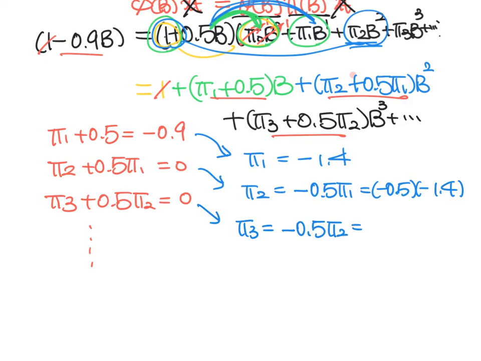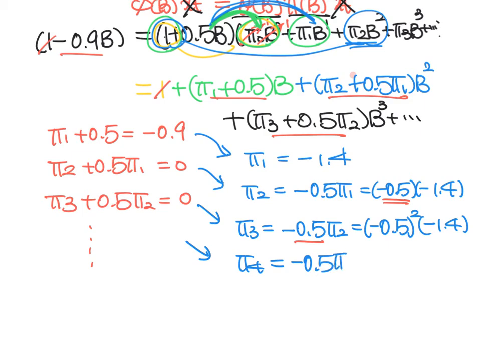Then I have a negative 0.5 and a negative 0.5 again, so it must be negative 0.5 squared times negative 1.4. And I can expect the next one will be negative 0.5 cubed times negative 1.4.